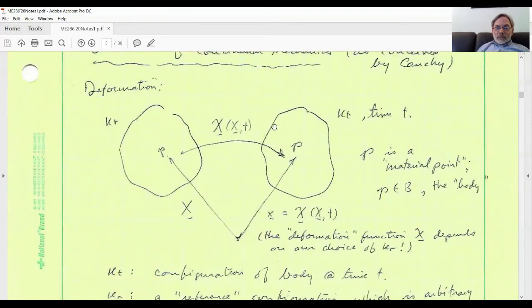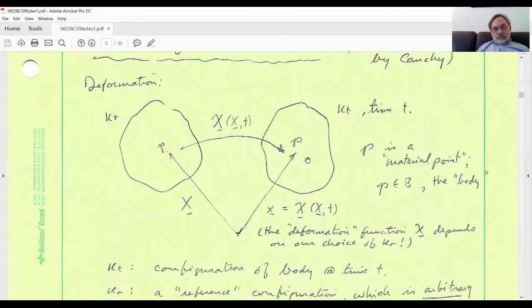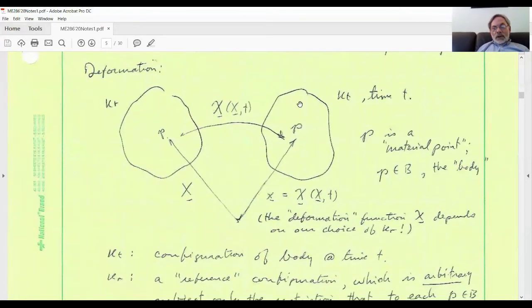So we have a body that we perceive in a configuration, let's call it kappa sub t, at the time t. We would call this the present configuration or the current configuration of the material points constituting the body. And we imagine this configuration to be a volume in our Euclidean space of our common experience.